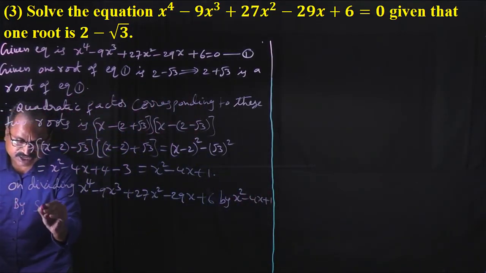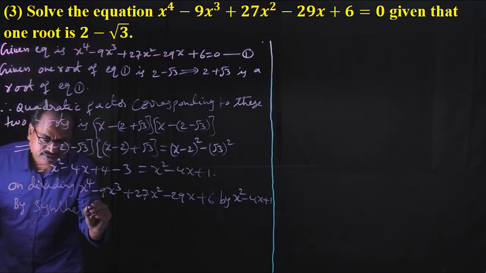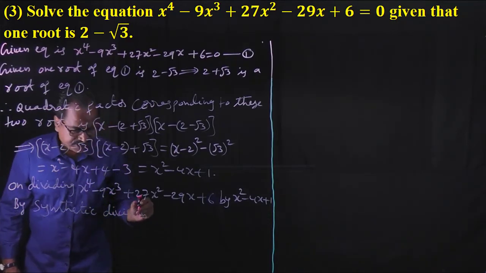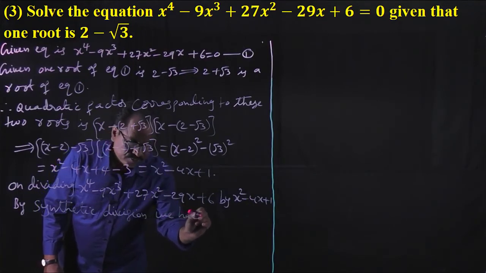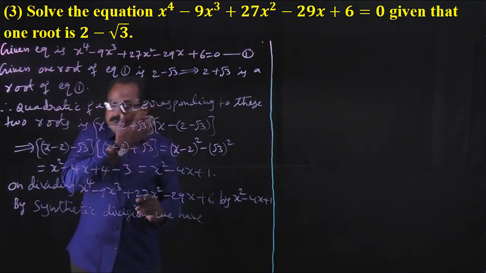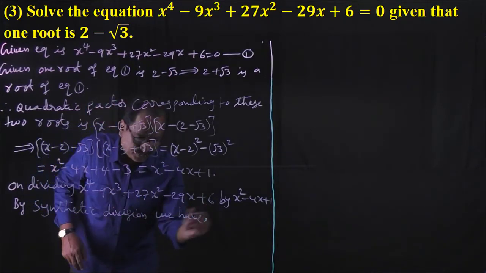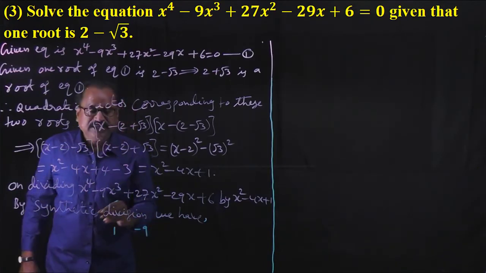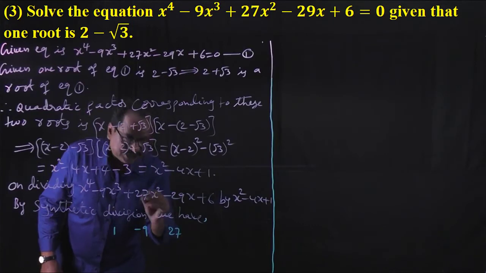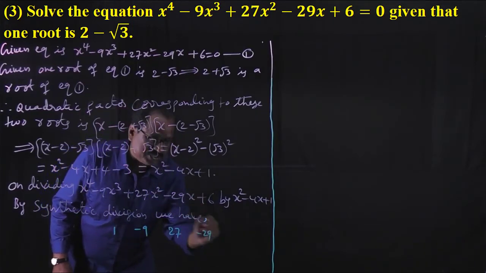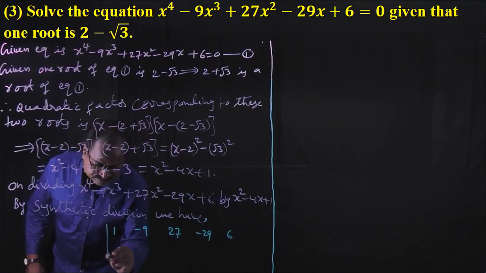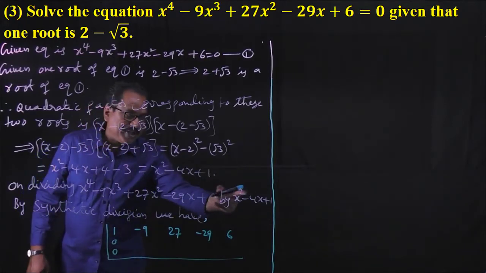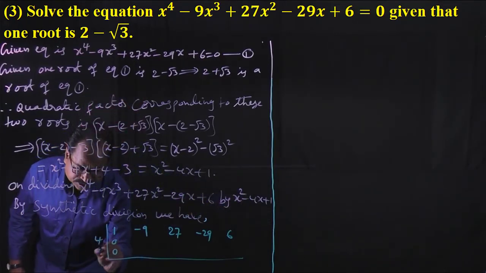by synthetic division, we have, coefficient of x power 4 is 1, coefficient of x cube is minus 9, coefficient of x square is 27, coefficient of x is minus 29, and the constant is 6. This is 0, this is 0. x square minus 4x plus 1, this is 4, this is minus 1.